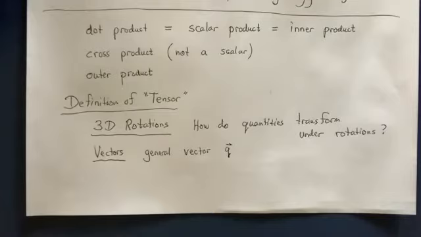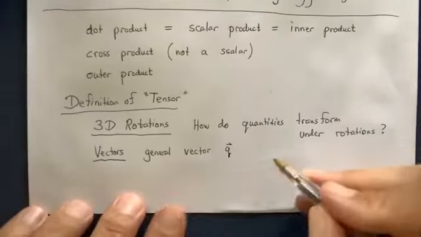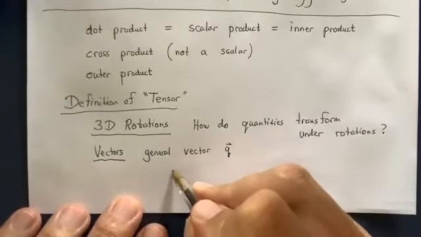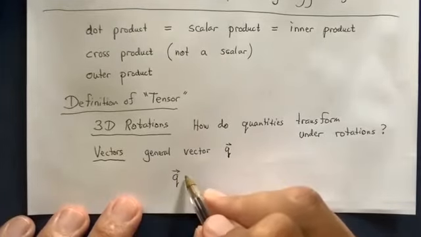So we're going to look at a passive rotation, meaning here's this vector q, and suppose we have some coordinate system that we use to describe the vector q. Okay, so you would write this vector q as a linear combination of basis vectors.